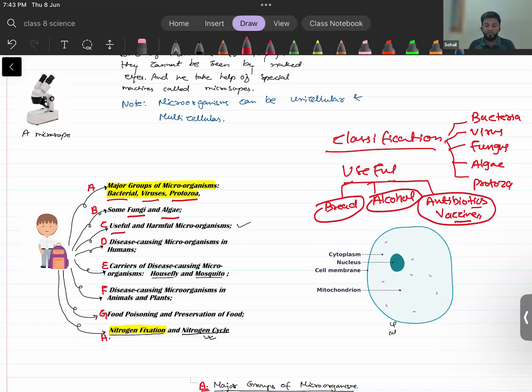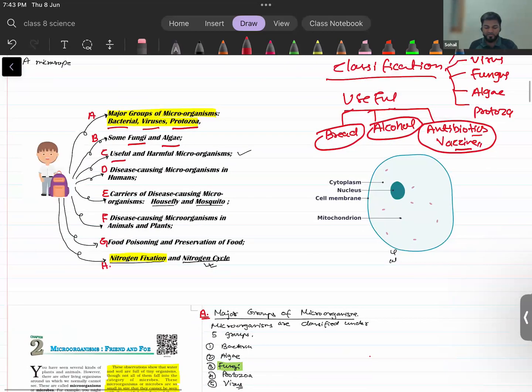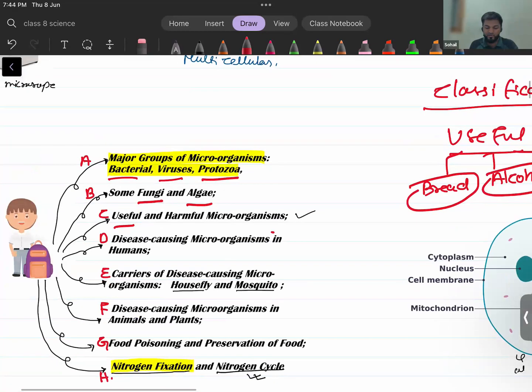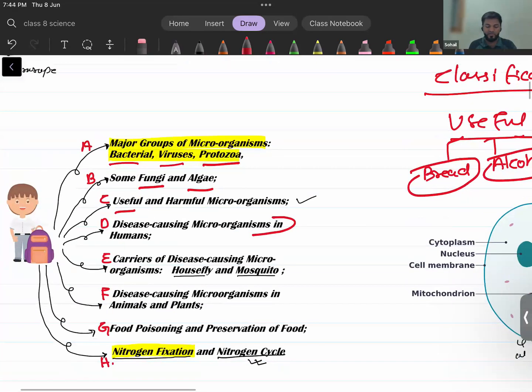So today we are going to start the third part of the chapter, that is the harmful bacteria, the disease causing bacteria, or basically it's better to say microorganisms. So disease causing microorganisms in nature. Okay. We will discuss the disease causing microorganisms in humans specifically.